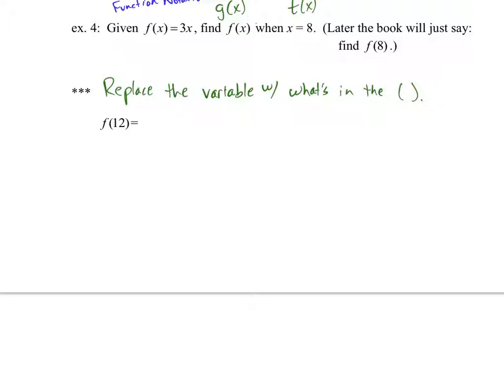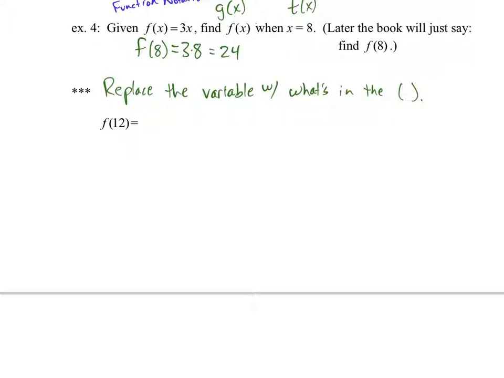So if I were to take my problem and do f of 8, do you see how 8 is in the same spot as the x? So hopefully it helps make sense that 8 would just replace the x. So it really is just 3 times 8. Because 8 is in the x spot, so x is just 8. And 3 times 8 is 24.